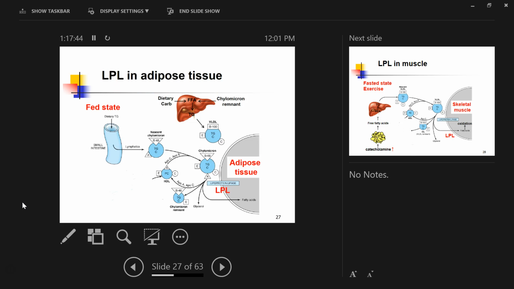So for more information, I'll give a diagram to help you understand better.